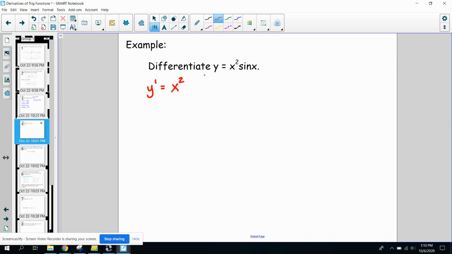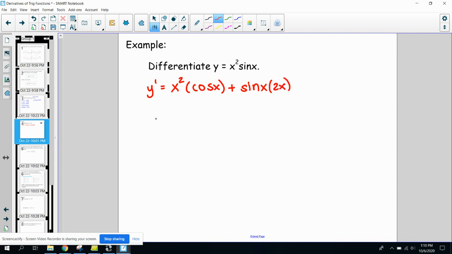The derivative of the second, so derivative of sine x, is going to be cosine x, plus the second, which is sine x, times the derivative of the first, so the derivative of x squared would be 2x.